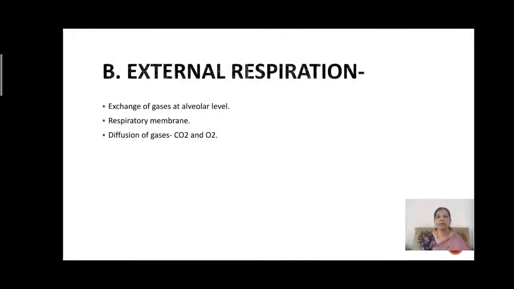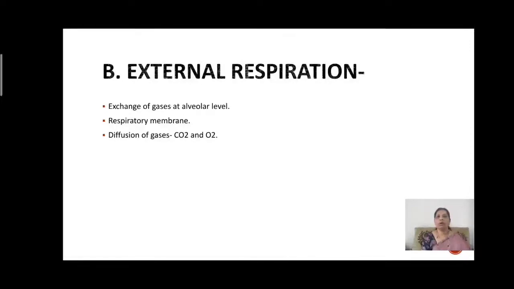The partial pressure of carbon dioxide in the blood of pulmonary capillaries is 45 mm of Hg, and the partial pressure of carbon dioxide in the alveolus is 40 mm Hg.